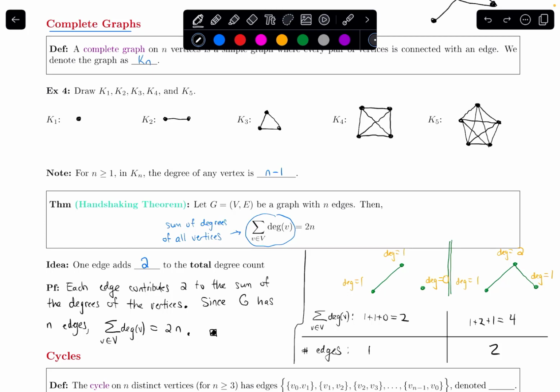But anytime I have a handshake, there are 2 people associated with it. That's why I have to take the number of handshakes, which is n, and multiply it by 2 to get this total count of all the degrees added together. That's conceptually what's going on, thinking about this in terms of people shaking hands with one another.